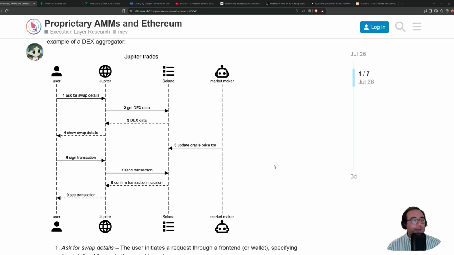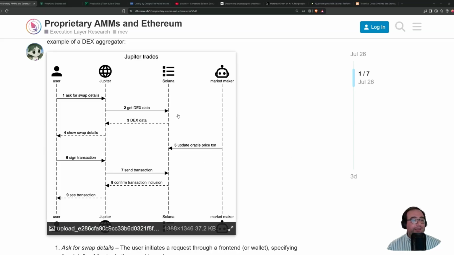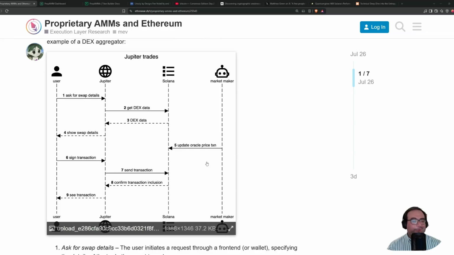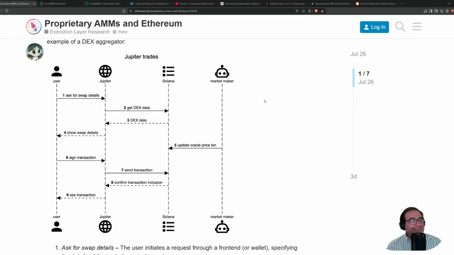In the active, proprietary AMM, you still have a contract on chain from which you can get the price, but the price is updated continuously by the market maker. The market maker is sending oracle updates. I mean, prop AMM terminology is a bit weird to me, but okay, no problem. But yeah, who's the oracle? It is the market maker. The market maker is pushing price updates.